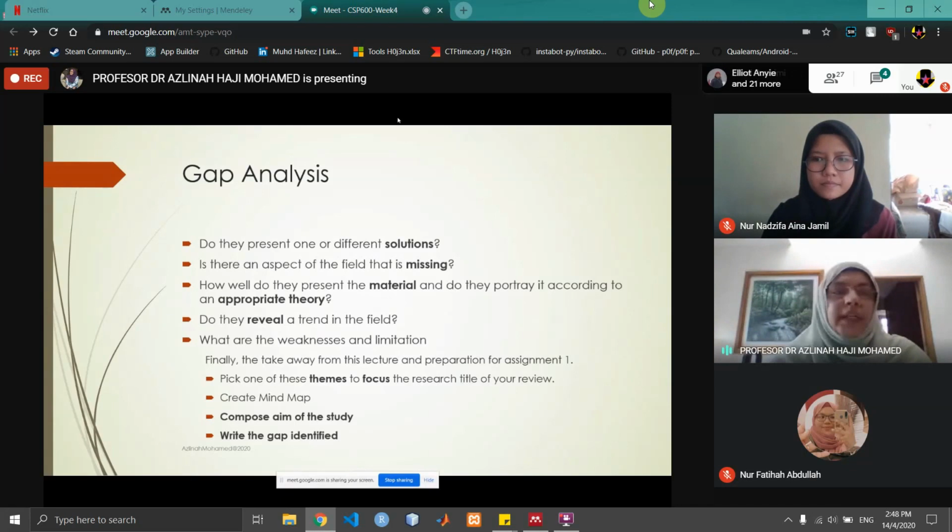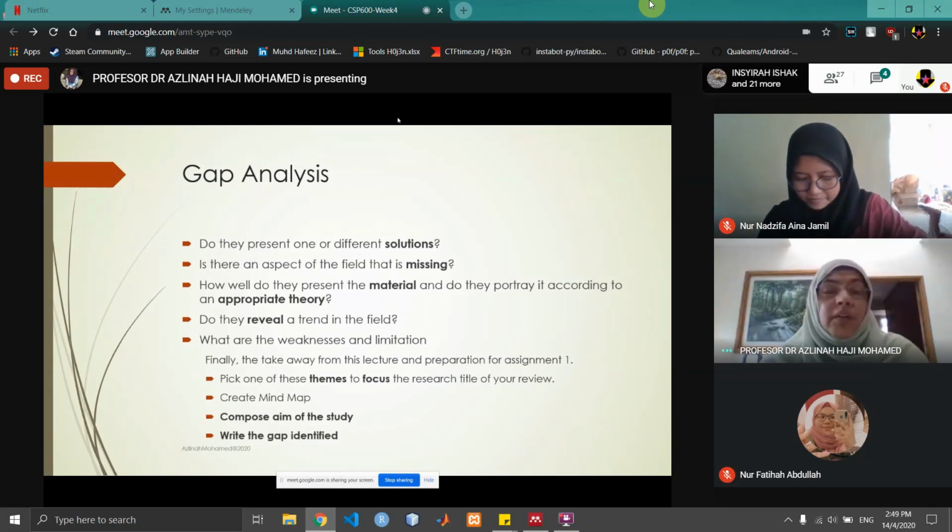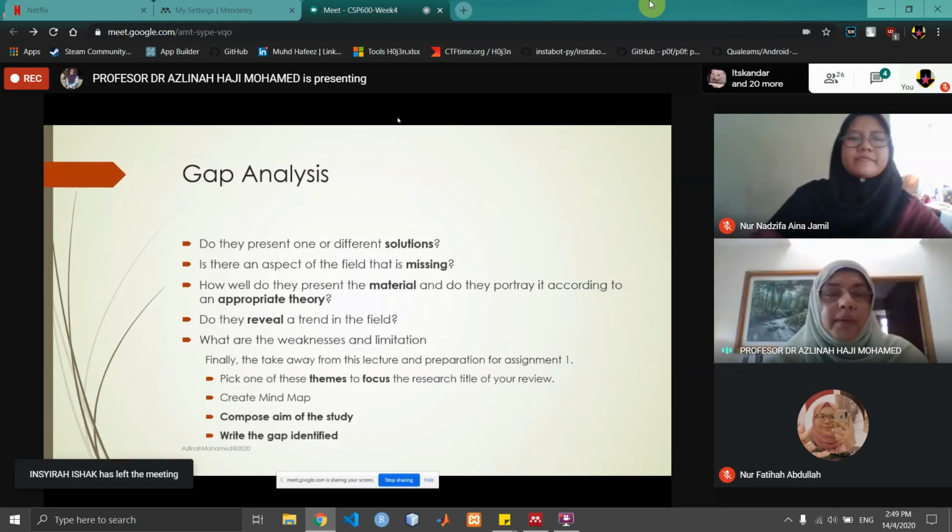Finally, the takeaway from this lecture that I want you to do in preparation, not only for assignment 1, and I can see also for assignment 2. First is to pick the themes to focus on for the research title of your review. The second one is to create the mind map.